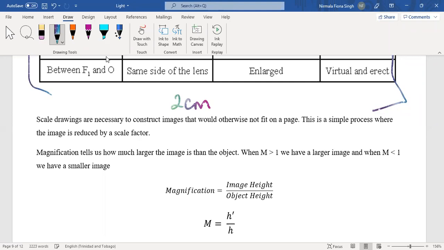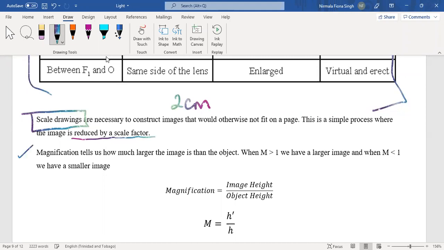So here we have to now go and do scale drawings. You know, the scales that we were drawing in our graphs, guess what? They're back. They never left. We use them in multiple places. So this is a simple process of reduction in scale factor. We'll do some examples on scales right here, a couple of examples before you get your homework.